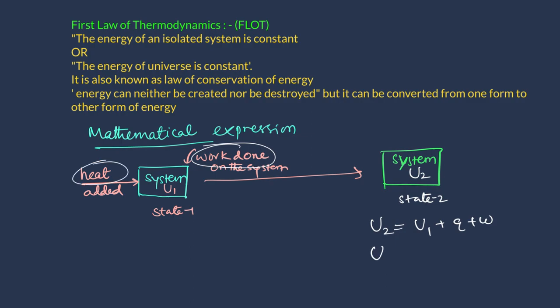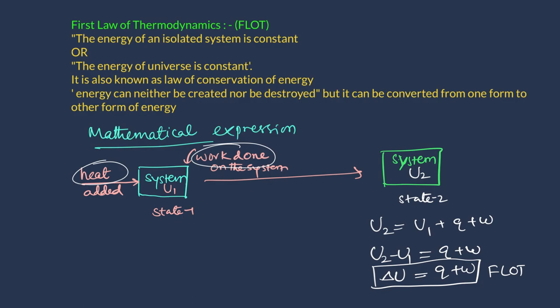Therefore, U2 minus U1 equals Q plus W. This difference in internal energy is called delta U, so delta U equals Q plus W. This is the first law of thermodynamics formula, the mathematical equation.